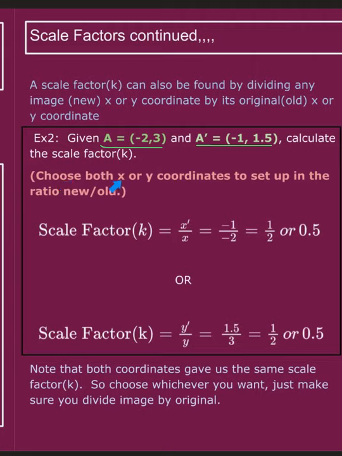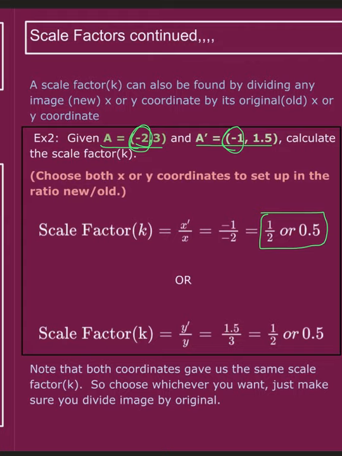You choose both x or both y coordinates to set up in the ratio new over old. In the first one, I did my x coordinates. I took my new x coordinate, which was -1, and set it over my original coordinate of -2. Simplify that, and you get a scale factor of 0.5, or you can leave it as a simplified fraction of 1/2.